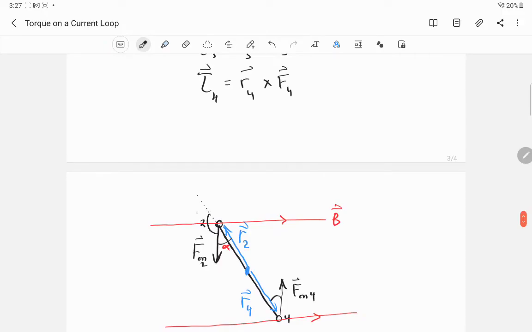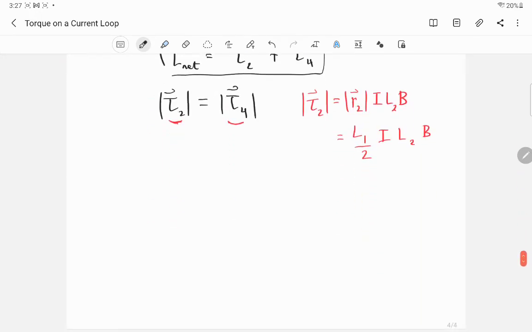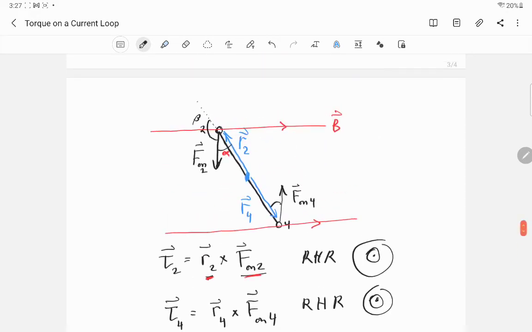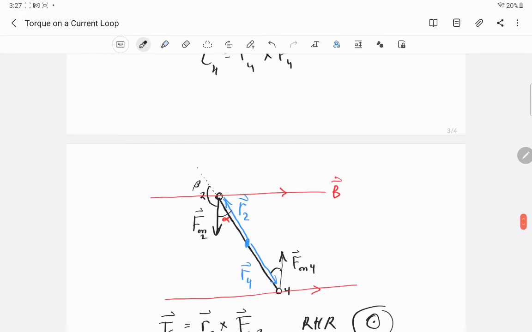So this angle out here, if I called it beta, right, that big angle, that's the angle between the direction of R2, which is up to the left, and the direction of the force, which is downwards, right? So I've got that bigger than 90 degree angle. But I'm still going to end up with the sine of that angle, right? So that angle beta that I've indicated right here.